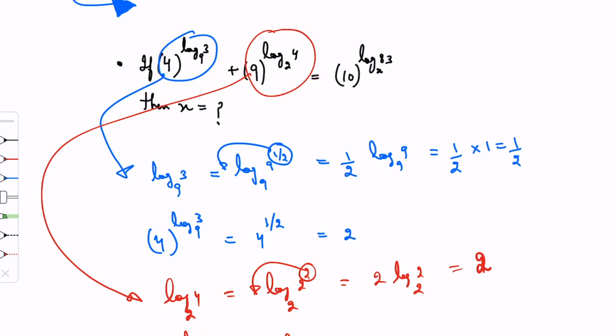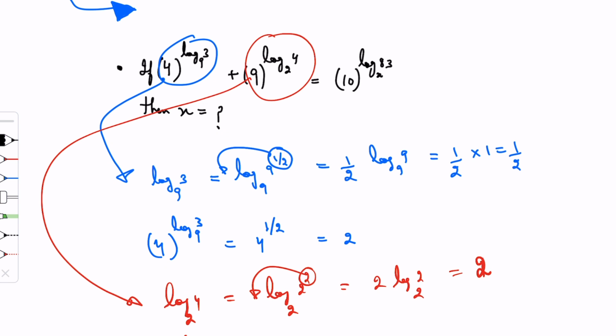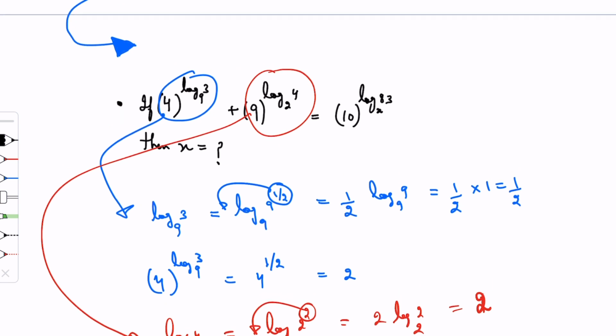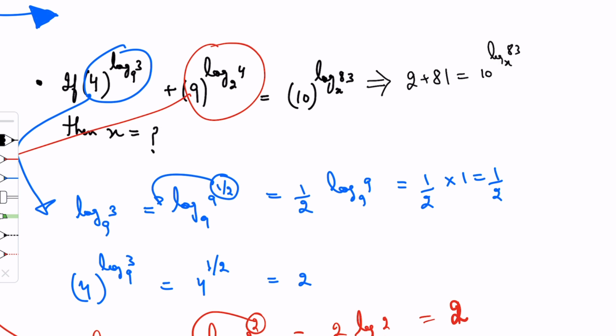Now we can plug them back into this equation. So let's write it here. So this equation now becomes 2 plus 81, which is equal to 10 raised to the power log 83 base x. So that just means that 83 equals 10 raised to the power log 83 base x.